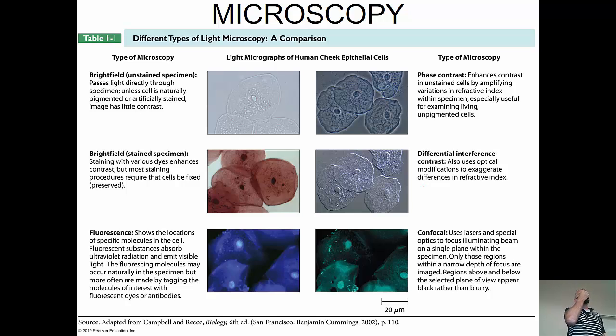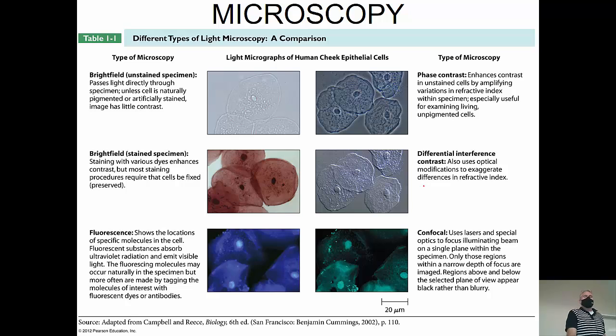I'm going to briefly describe, how many are on here? Four types of light microscopy. And we're going to really focus our efforts on fluorescence microscopy because we see a lot of that in this class. The kind of microscopy that you deal with in the labs and have probably done before is called bright field.